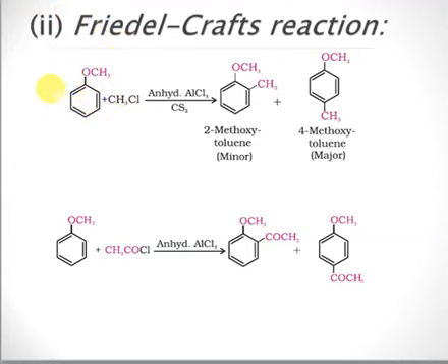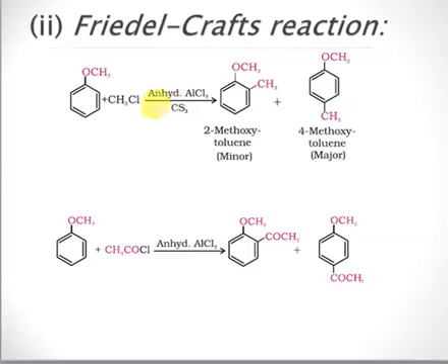For example, we have this anisole and this methyl chloride. We are interested in bringing that methyl group onto the benzene ring, so we have to bring an alkyl group onto the ring. This reaction is called Friedel-Crafts alkylation. The catalyst will be anhydrous aluminum chloride, and you may use carbon disulfide as a solvent.